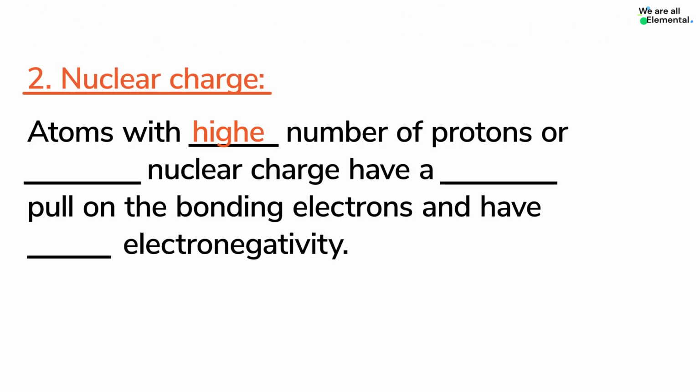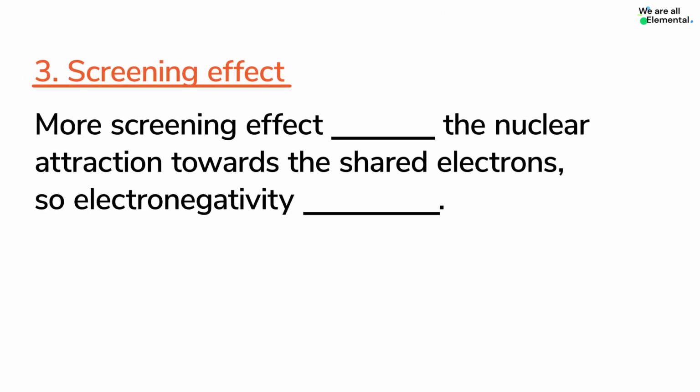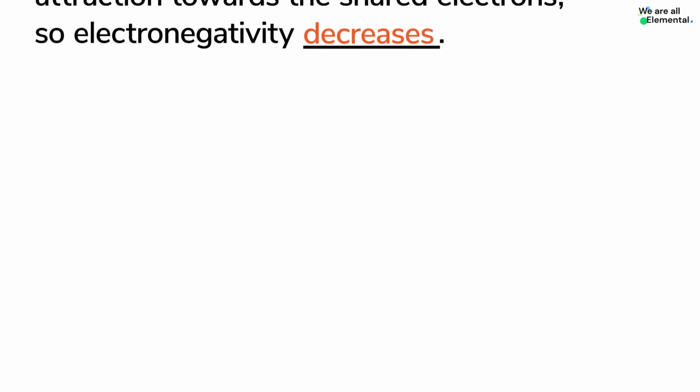Atoms with higher number of protons or stronger nuclear charge have a stronger pull on the bonding electrons and therefore have higher electronegativity. And then there is screening effect. More screening effect reduces the nuclear attraction towards the shared electrons, so electronegativity decreases.